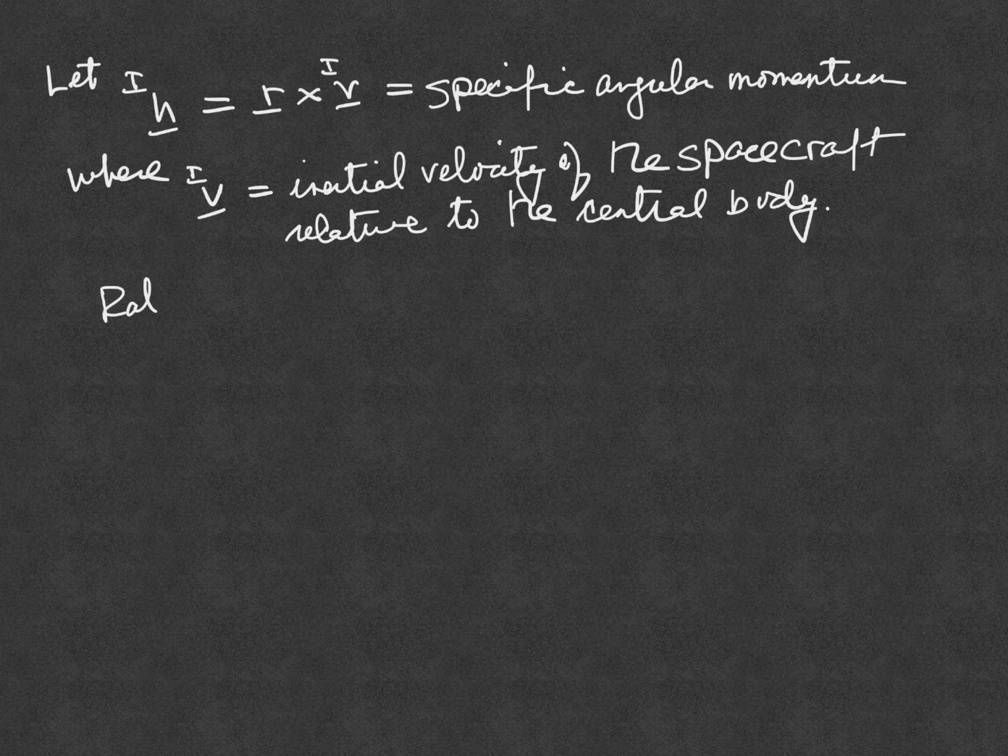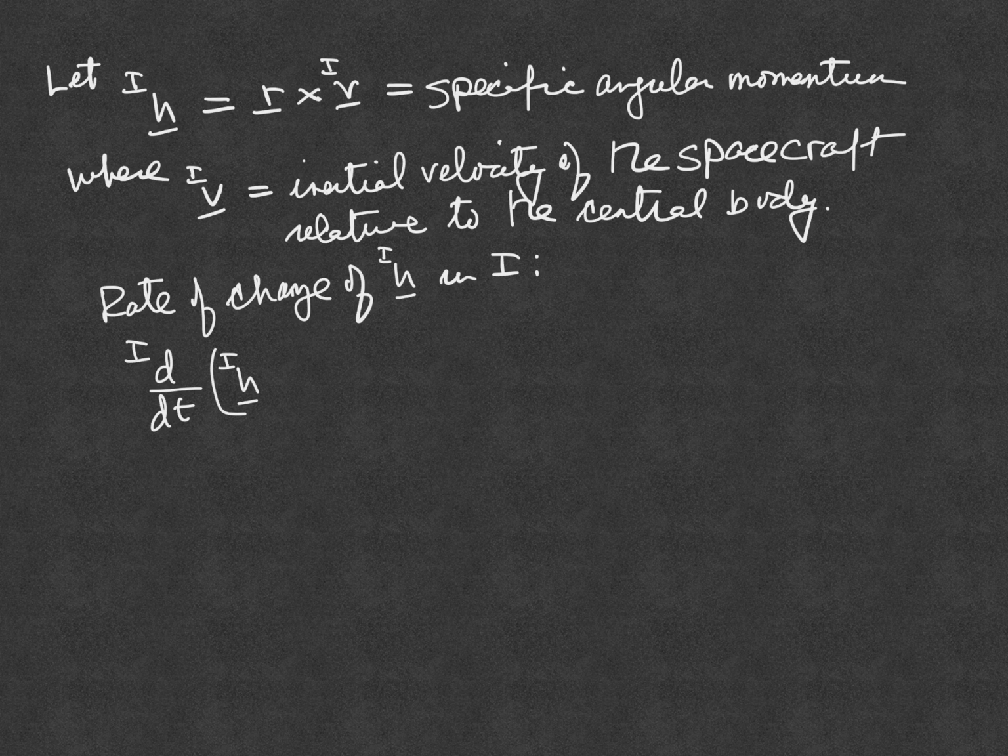So now that we know that, let's discover some properties of this specific angular momentum. So take the rate of change of HI in the inertial frame. So what do we get when we do that? We've got d dt in I of HI. But HI is r crossed with VI.